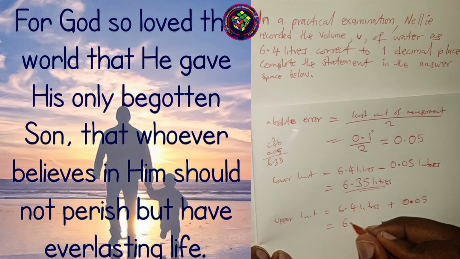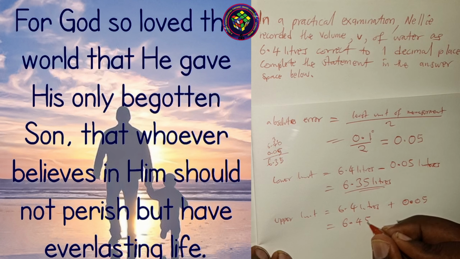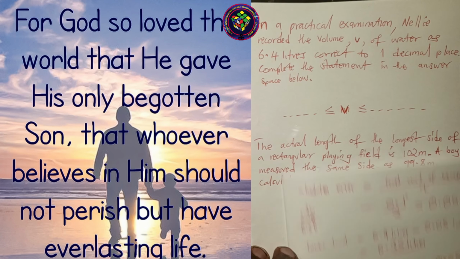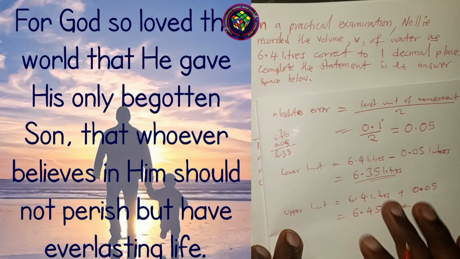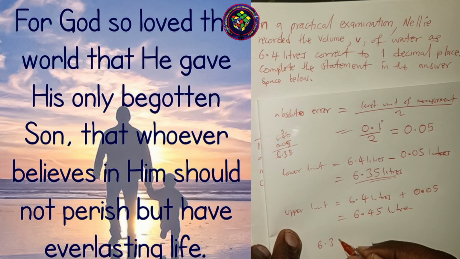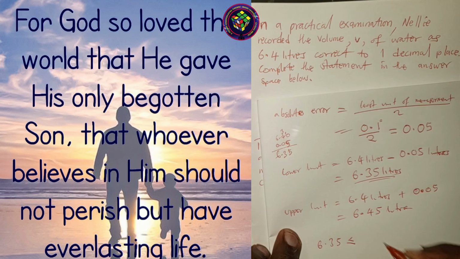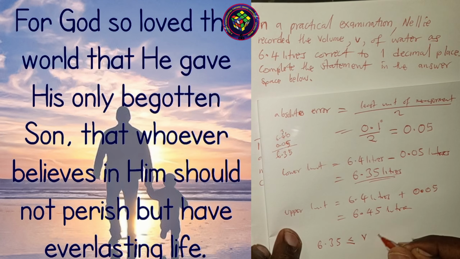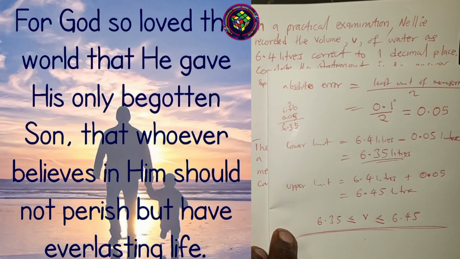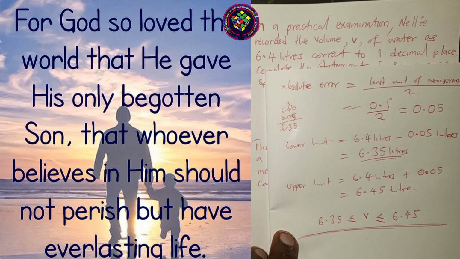You get 6.45 liters. So to complete the statement, we start with the lower limit, 6.35. So we have 6.35 less or equal to V less or equal to the upper limit, 6.45. So that is how we're supposed to complete the statement.